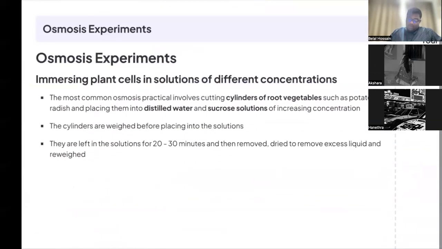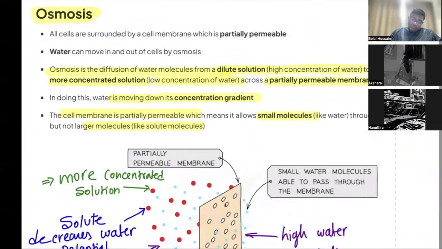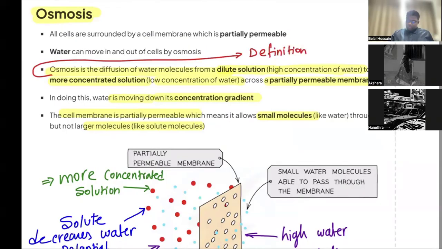Now, osmosis experiments. Before getting into that particular point, here is the definition for osmosis. Just say like this: osmosis is the diffusion of water molecules from a dilute solution to a more concentrated solution across a partially permeable membrane.